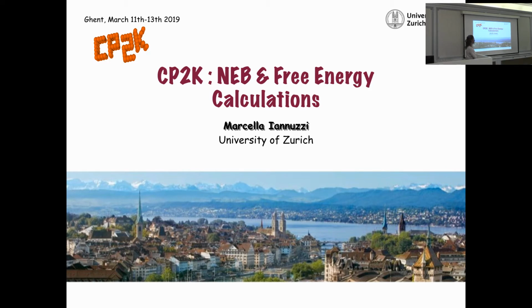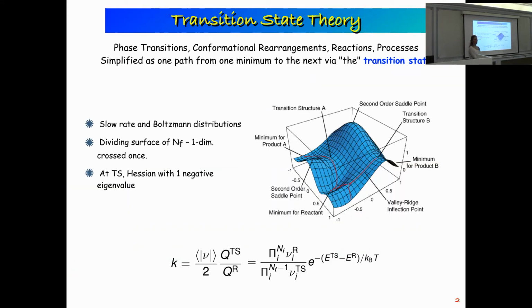The topic of today is how we are going to simulate processes, so chemical reactions or conformational rearrangements, or whatever you can put in the category of processes that need to be activated.